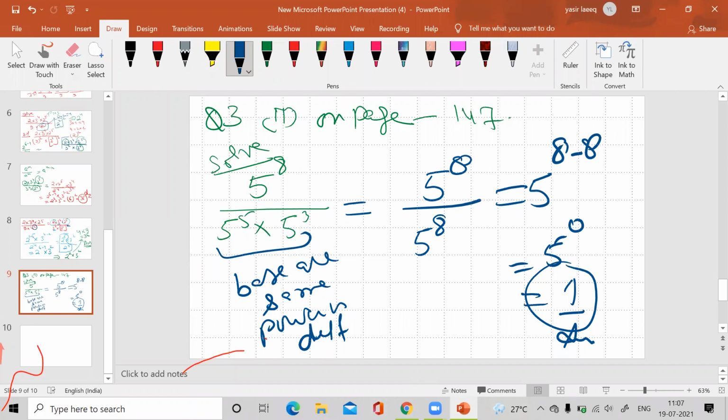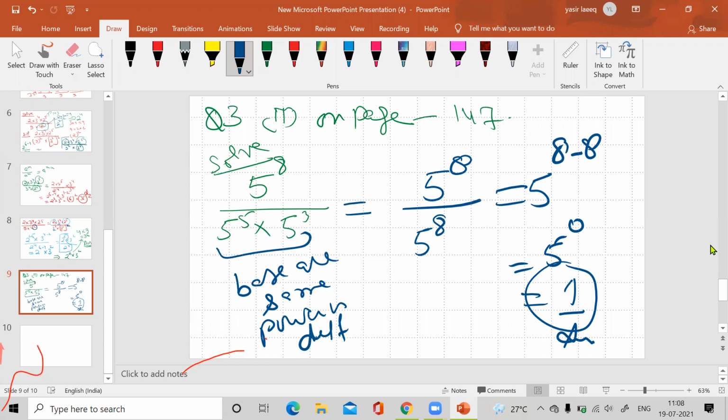Sir, whenever the base is the same, we will subtract the powers? In division, beta, this is very important, good question. In division, just keep in mind, when bases are same, you have to subtract, and in multiplication, when bases are same, you have to add the powers. Is it clear?